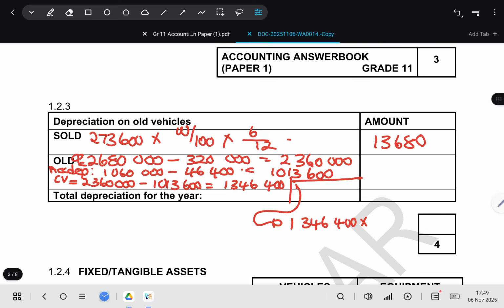1,346,400 multiplied by 10 over 100 multiplied by 12 over 12. Let's see. So if we say 1,346,400 multiply by 10 divided by 100 and then multiply by 12 divided by 12, it gives us 134,640.